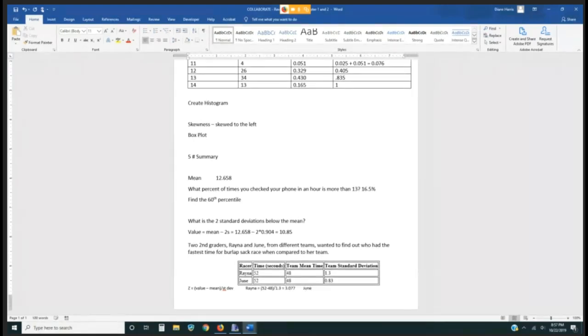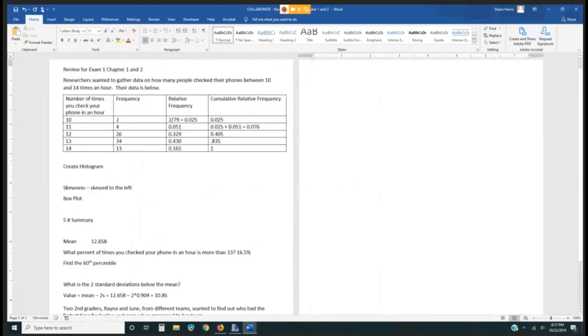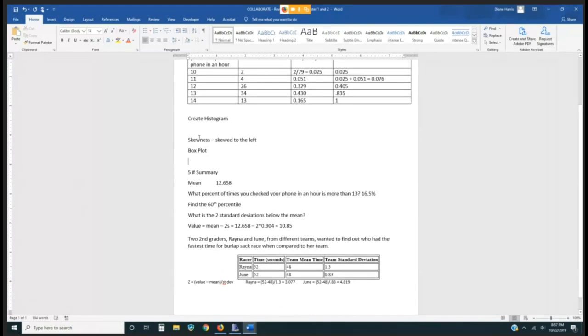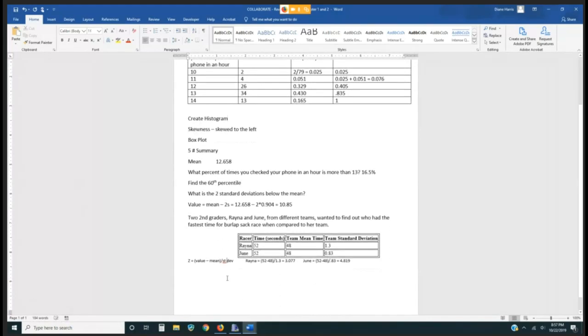And then June is 52 minus 48 divided by 0.83. She was 4.819. Now, just to clarify, let me just make some adjustments here so I've got room to write this, because I want you all to understand this.